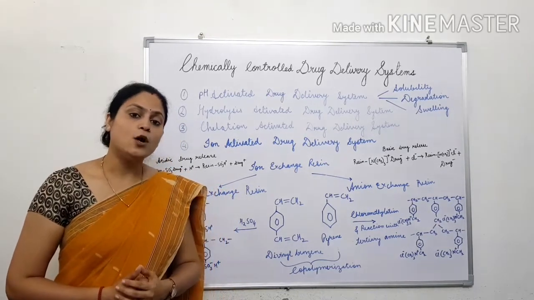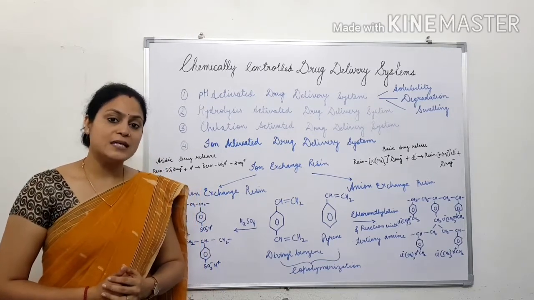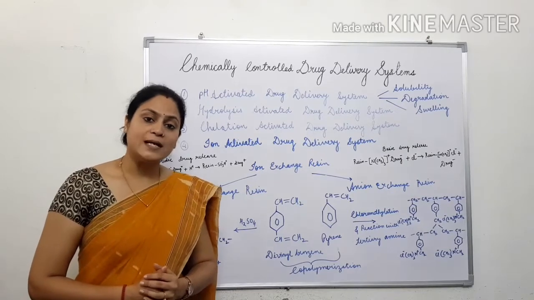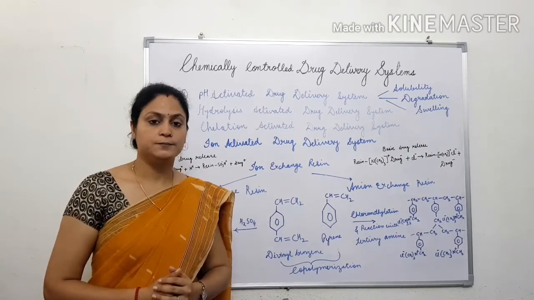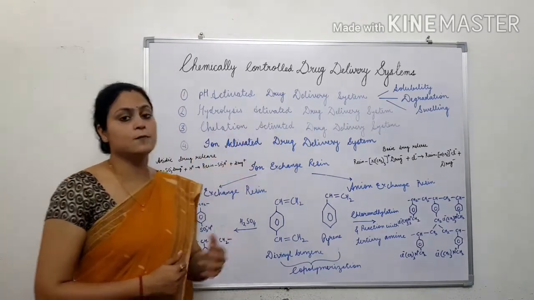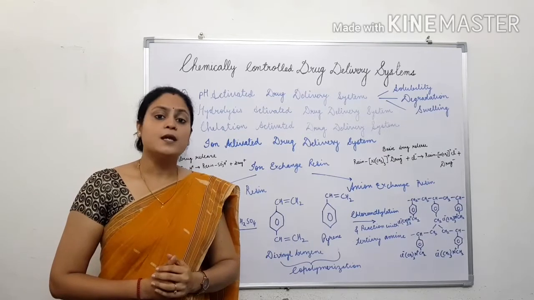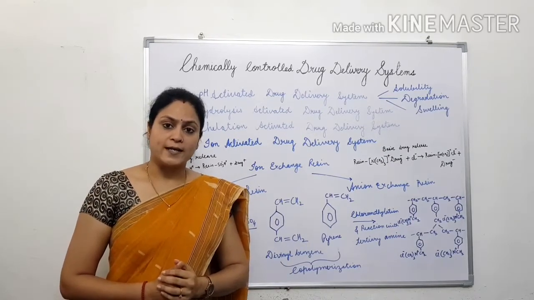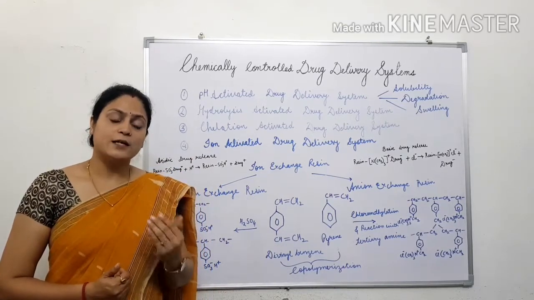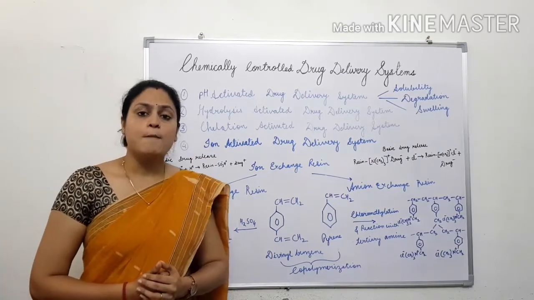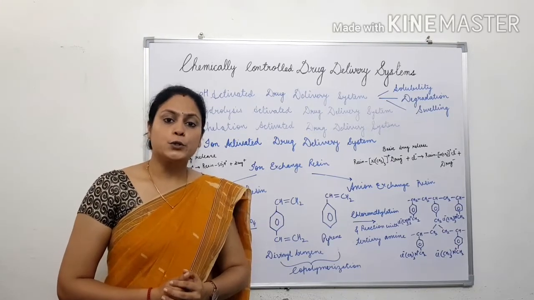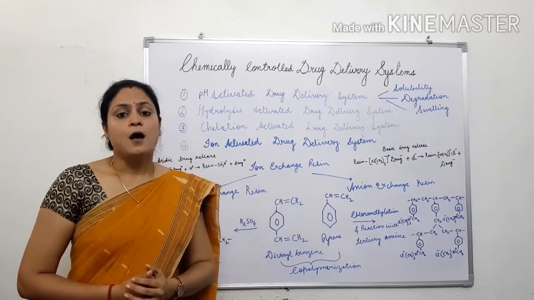Thus, the rate of release of drug through these types of drug delivery system is dependent upon the rate of degradation of polymer. An example of this hydrolysis activated drug delivery system is the controlled delivery of leuprolide, which is an anti-cancer drug, by using polymeric injectable microspheres through the subcutaneous route.